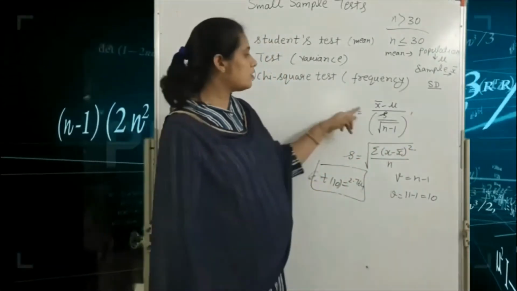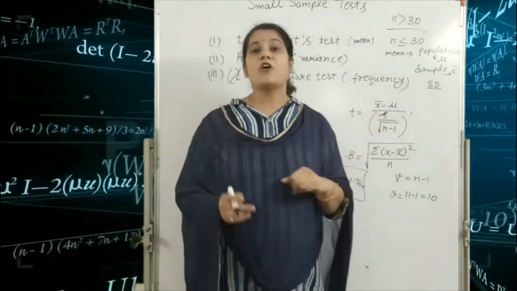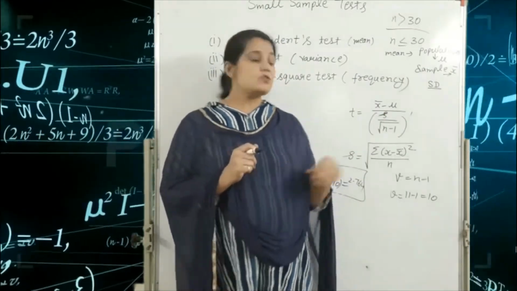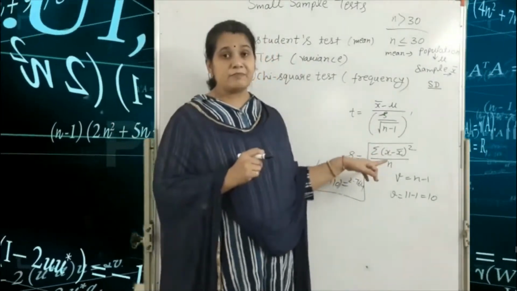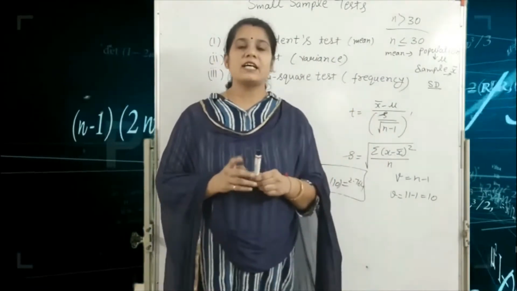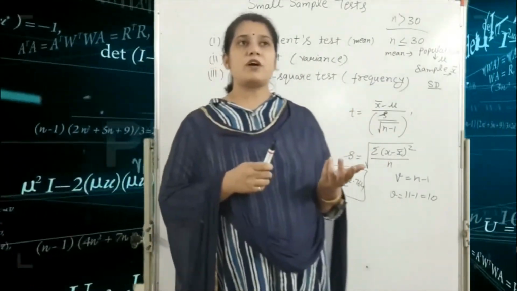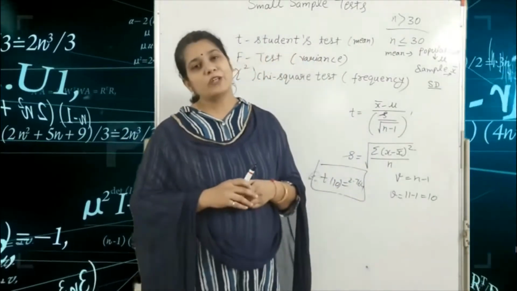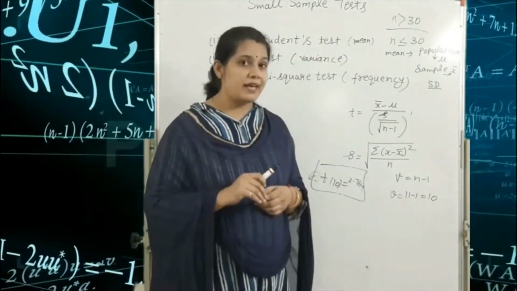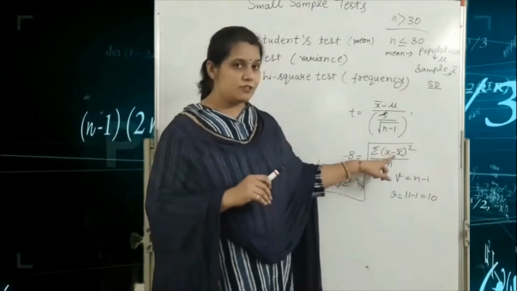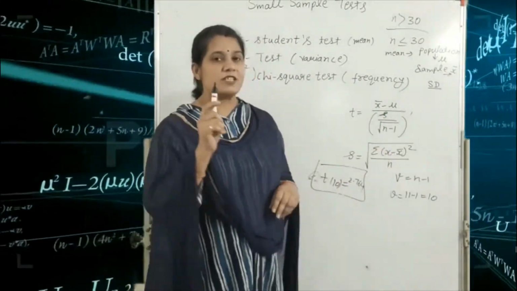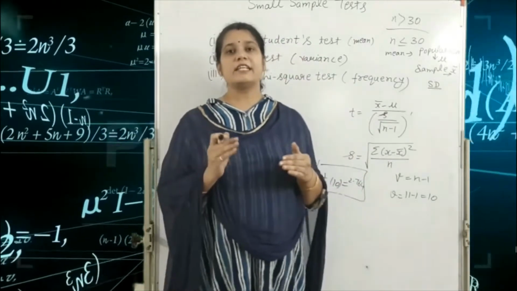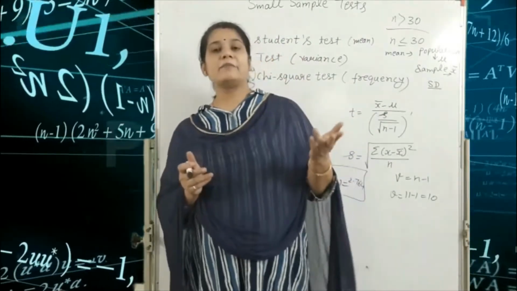Sometimes a question does not give the value of s, so we find the standard deviation s using this formula. That means in this type of question we are given the values of x, for example, 11, 12, 13, 14 and 15. With the help of x, you put all these values here. For x bar, first you add all these values 11, 12, 13, 14, 15 and then divide by the number of terms.